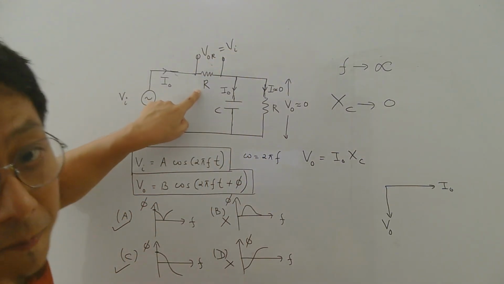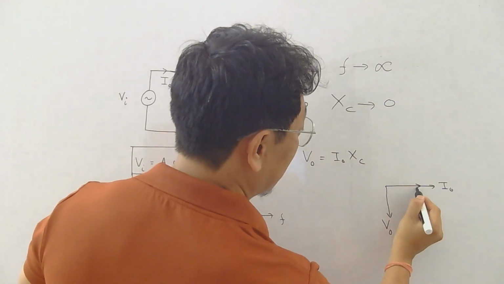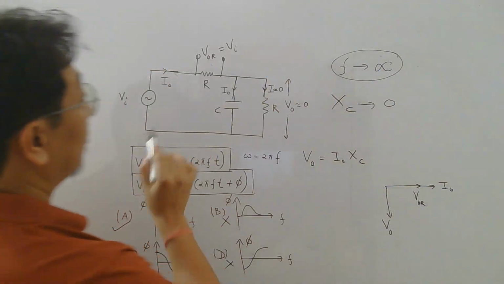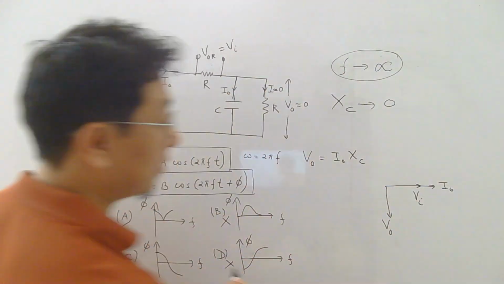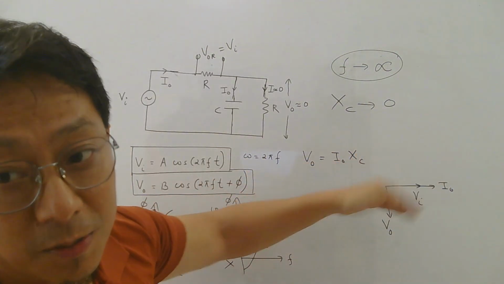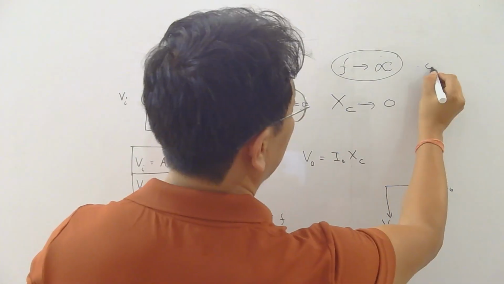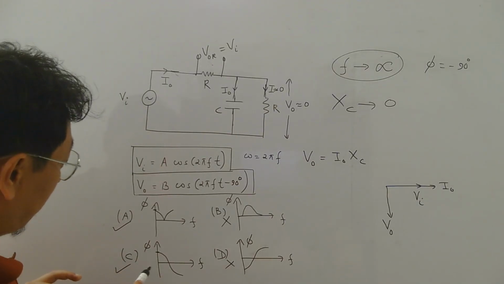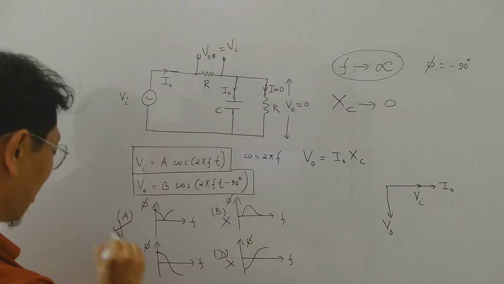But this is resistor, and for resistor current and voltage are in same phase. So this will be your V0R. But in this case V0R is approximately your input voltage. So now what did you notice? The output voltage is behind input voltage by 90 degree. So since this is behind, now your phase difference will be minus 90. So phi minus when it happens for large frequency, this option or this option? This option. So this is the right, this is the wrong. Okay.